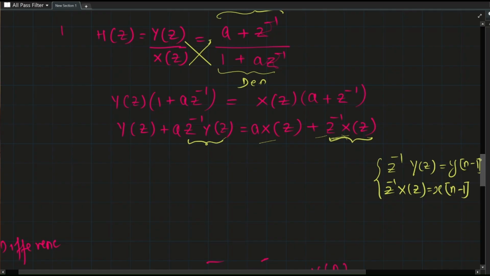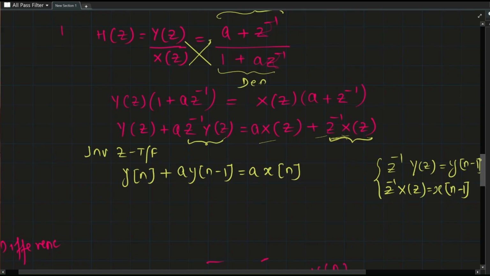Once we do the inverse Z transform, this is how it's going to happen. Y(z) will become y[n], and this will become a y[n minus 1]. This will be a x[n], and this is the delayed version of the input, which is x[n minus 1]. So remember, y[n] is our output.